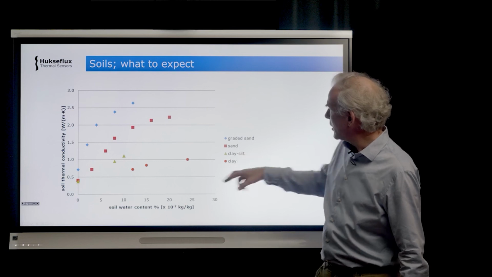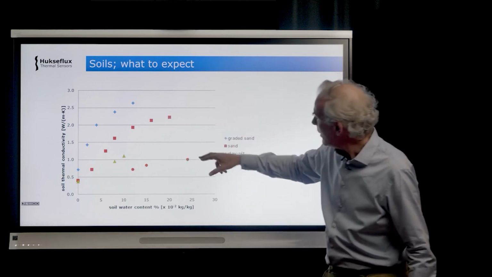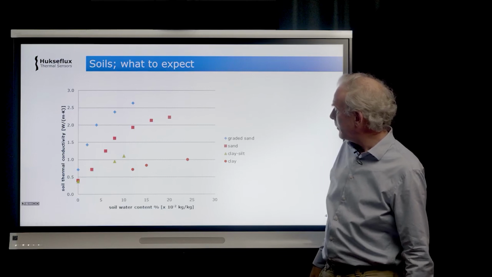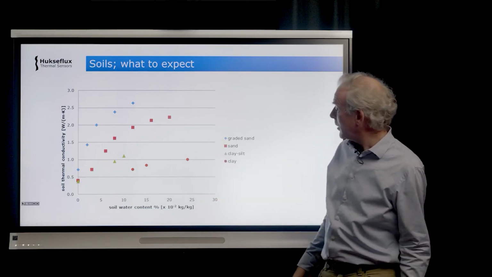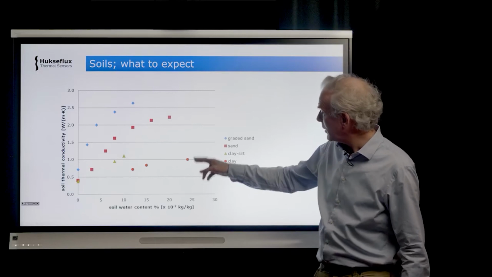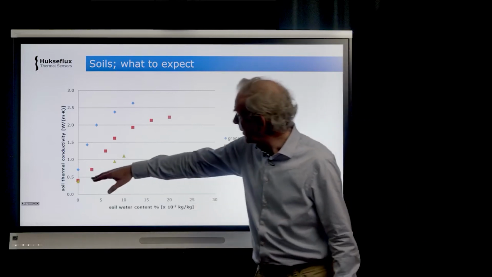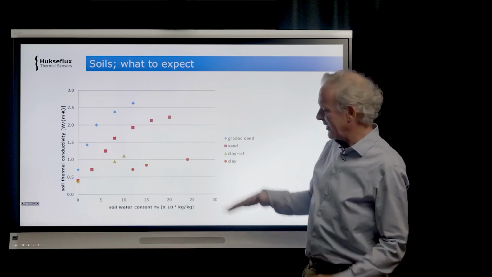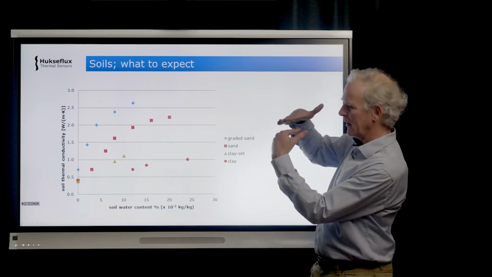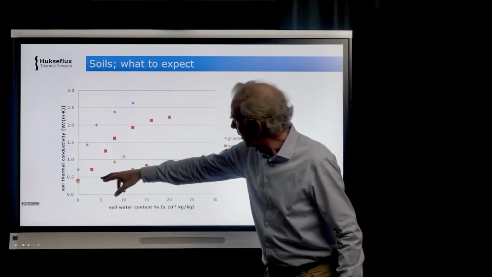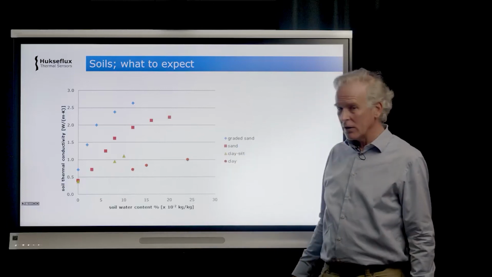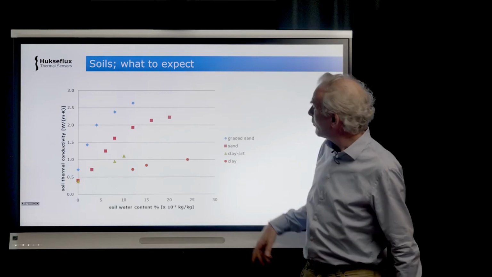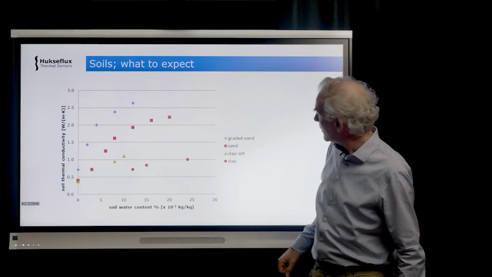Then there's clay here, where you can see that the water content, as a mass fraction, can be higher, but the clay has plates, not grains. The overall thermal conductivity will top off at a lower value than for sand.